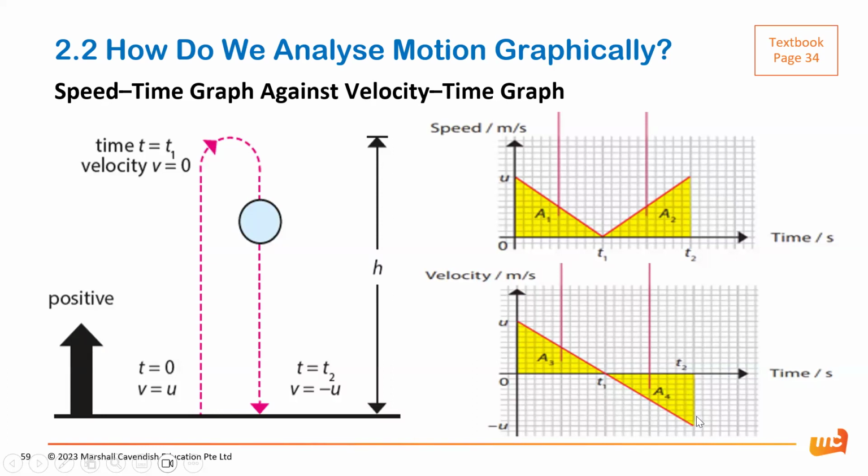As I move down, my velocity increases from 0 to again a u over here. The negative simply tells you it's moving in the opposite direction. So this is the difference between a speed-time graph and a velocity-time graph. There is a negative portion for the velocity-time graph, but no negative portion for the speed-time graph.